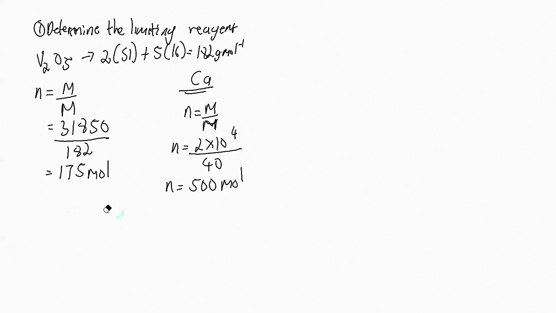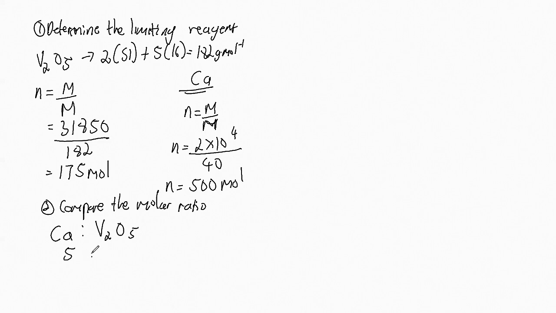So now let's prove that based on our ratios. Step 2, let's compare the molar ratios. Now we say the ratio of calcium to vanadium pentoxide is 5:1. So for every 1 mole of vanadium pentoxide that reacts, we actually need 5 moles of calcium.